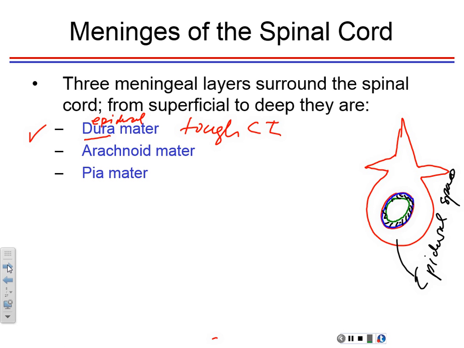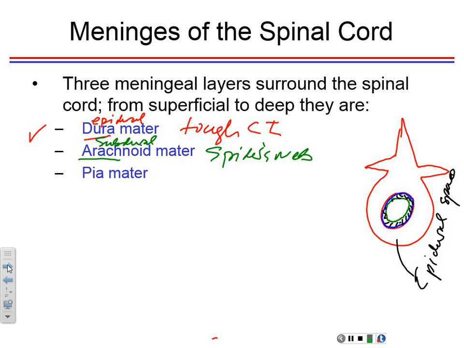Sub is under. This was your module again. And then the arachnoid mater is so called because it looks like a spider's web. Arachnids are spiders. So that's why it's called arachnoid mater.